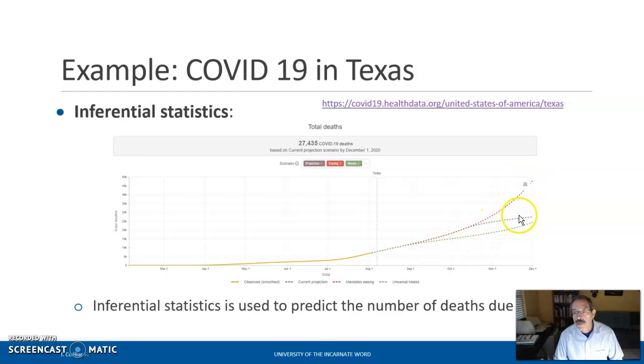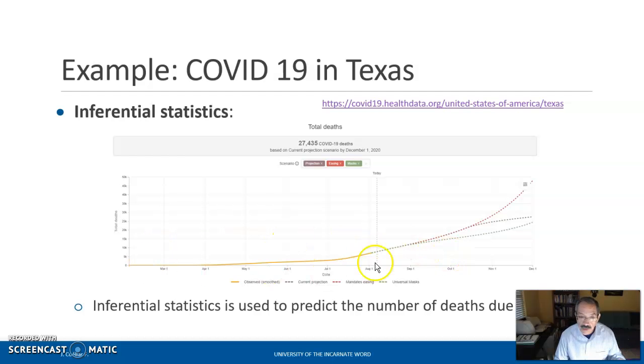This is the current projection, and this is the projection if we continue to use face masks or face covering. And because these are made in the future, we are inferring that this is what is going to happen in the future under these different conditions. So this is an example of inferential statistics.